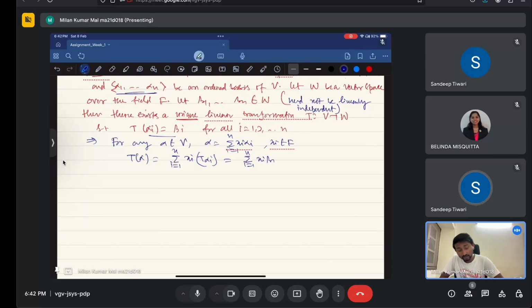So T of alpha is the summation of x i beta i. This way one can give the unique linear transformation T. Now, on the basis of this, I'll discuss a problem.